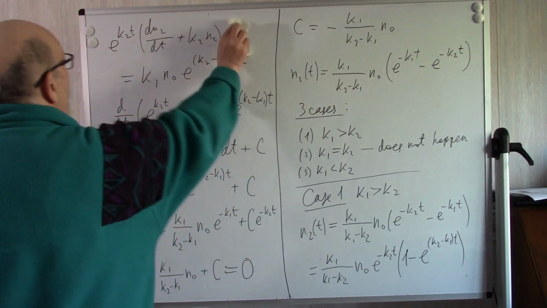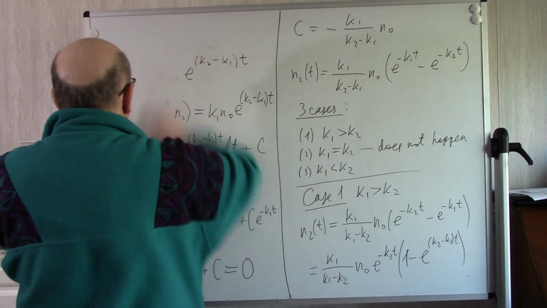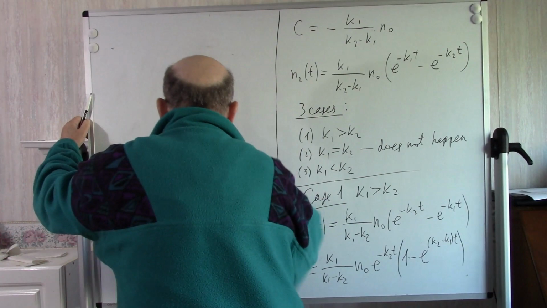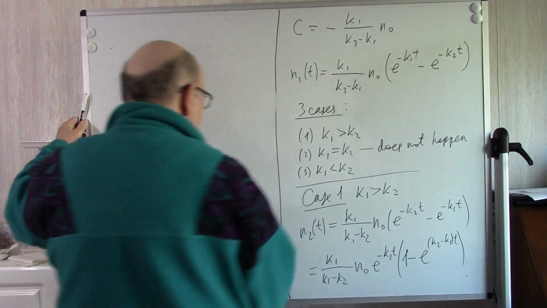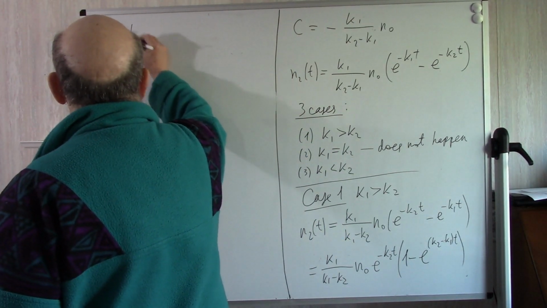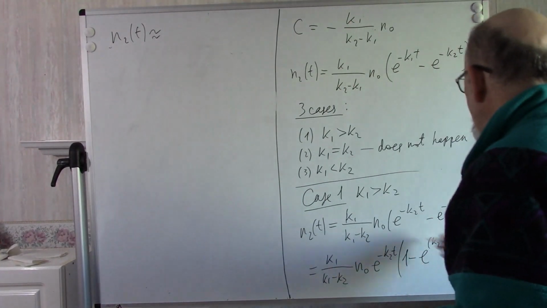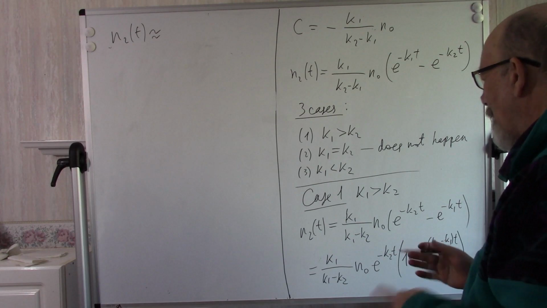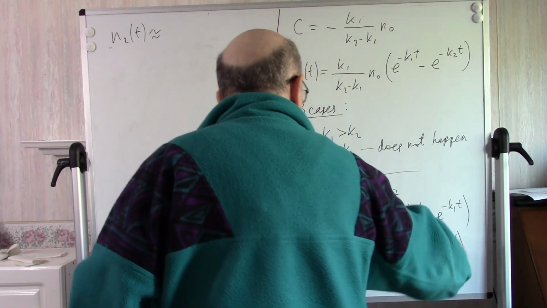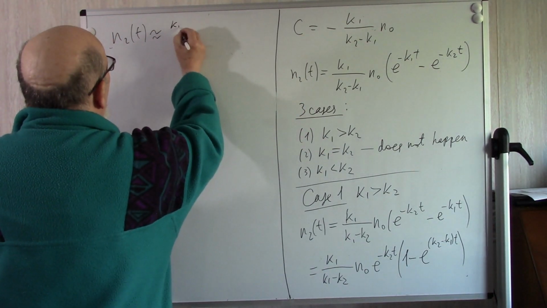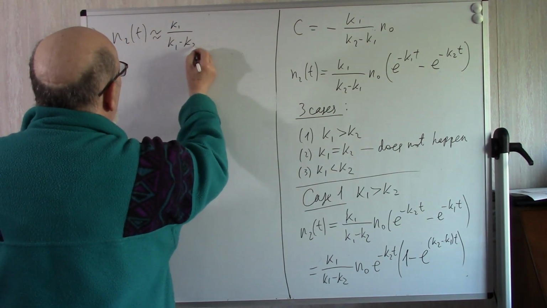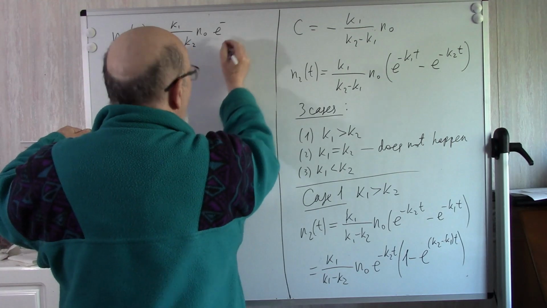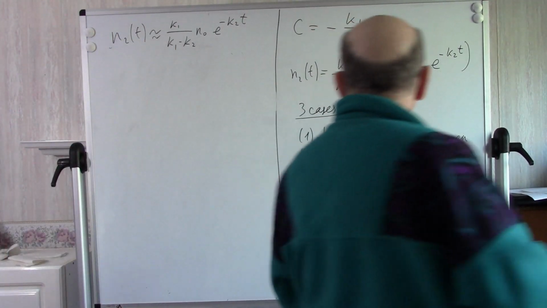So we can write approximately the following: if k1 is much more than k2, which usually happens, since they are very different in scale, we just neglect it. N2(t) is approximately k1 N0 over (k1 minus k2) times e^(-k2 t).